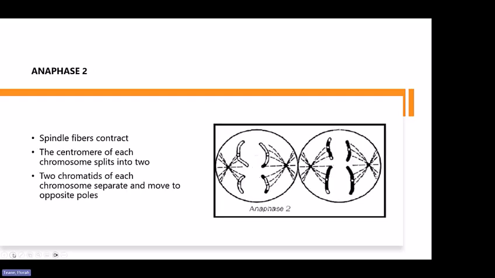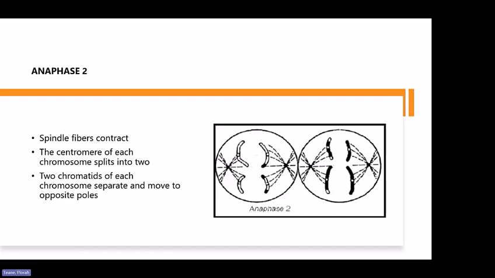Anaphase 2. Same thing that happened in anaphase 1, the constriction or contraction of the spindle that separates chromosomes. But this time, please note, it is not chromosomes that are being separated, it is the chromatids.